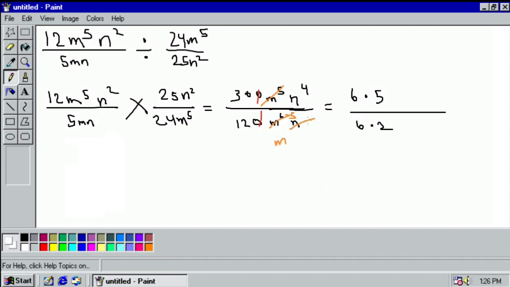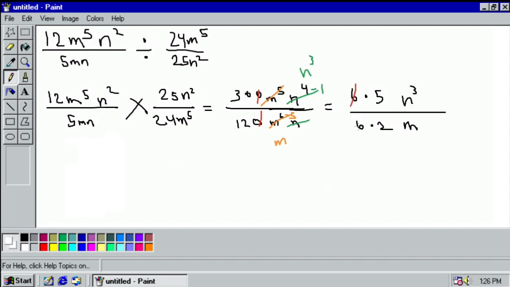For n, since the top has the larger exponent, we subtract and have n cubed left. So we have m at the bottom and n cubed at the top.